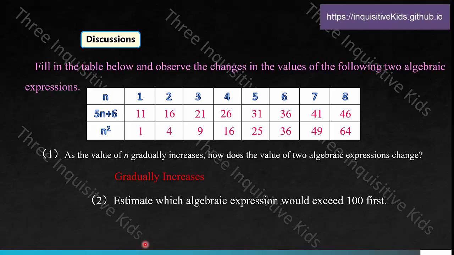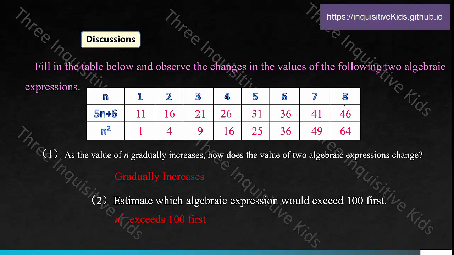And 2. Estimate which algebraic expression would exceed 100 first. Which algebraic expression would exceed 100 first? Answer would be n squared exceeds 100 first. Because you see, over here, it's going to take a while to get there. And look, this is n squared.